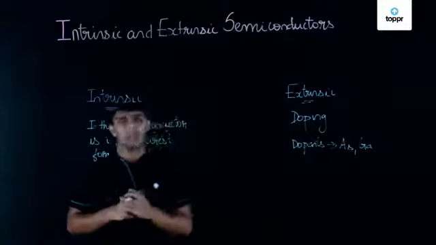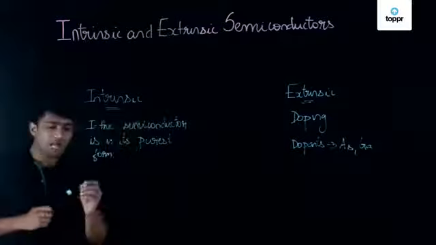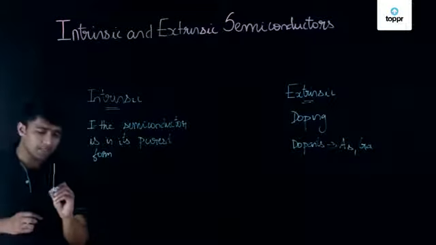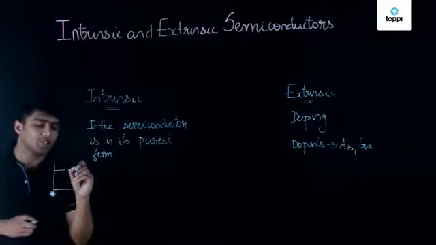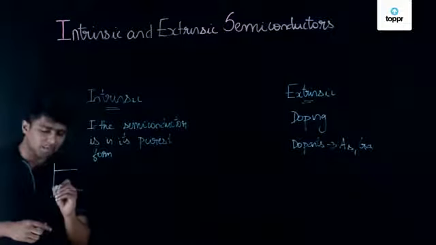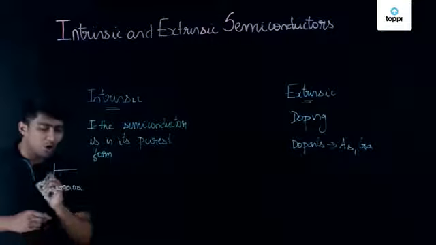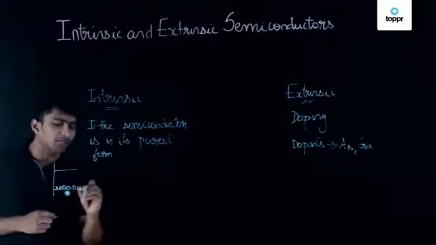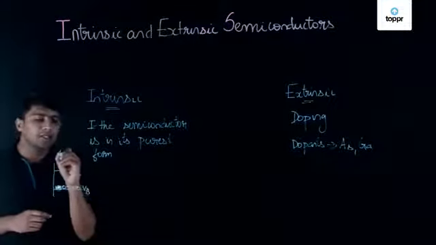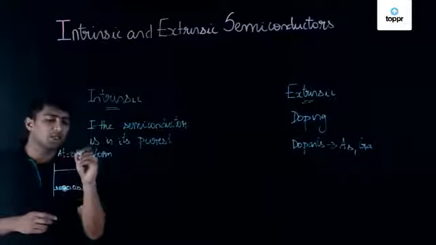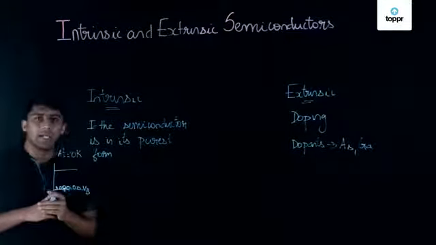Okay, so now let's see the difference between intrinsic semiconductor and extrinsic semiconductor, and why we have to improve the efficiency. Let's say we have a silicon semiconductor; this will be its valence band and this will be its conduction band. When it's in the purest form or at 0 Kelvin, all the electrons will be in the valence band.